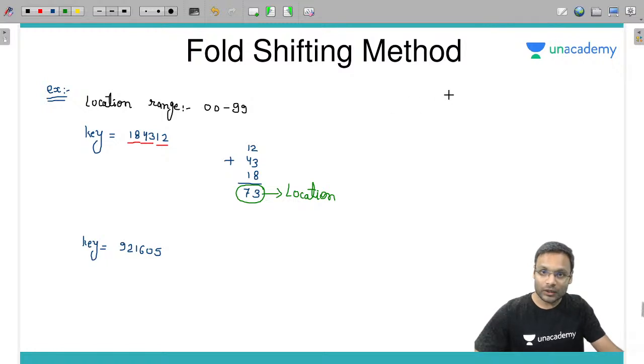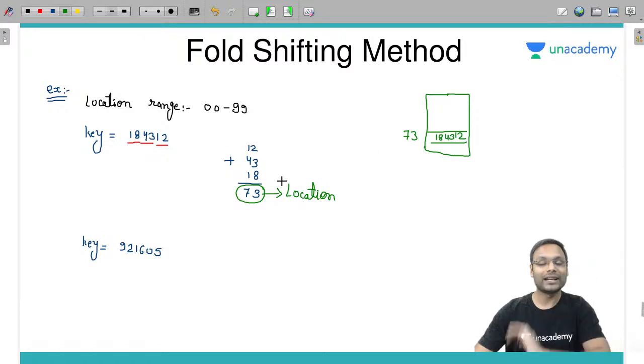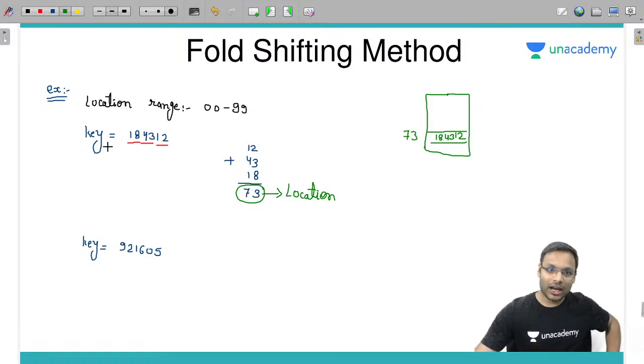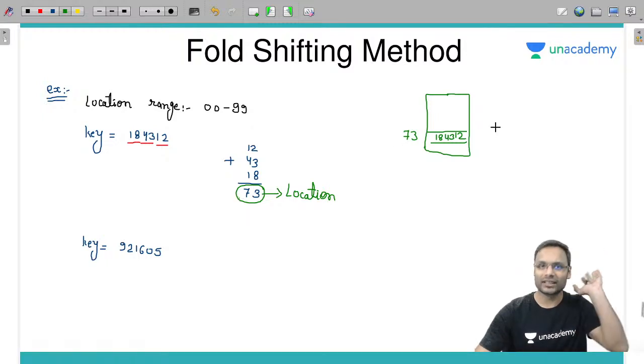If you have locations 00 to 99, you go to location 73, and over location 73 you place this value 1, 8, 4, 3, 1 and 2. That is the meaning of getting the location. Apply the hash function, got the location, 73. On location 73 I will keep that key, so that while searching also I will use the same hash function, get the location, go to that location, and get the key. Searching will also be very easy.